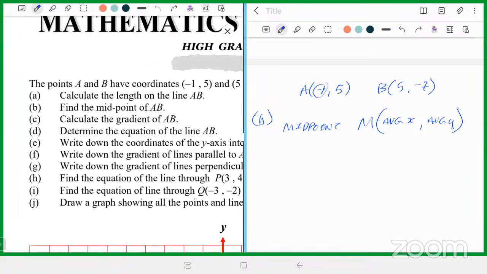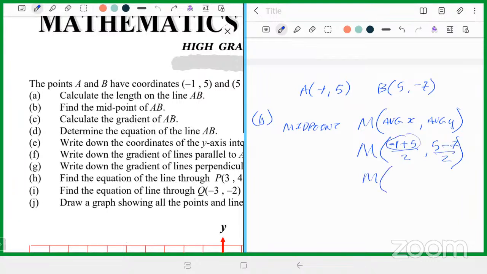You add the X values and divide by 2. So you're adding the X values, which is -1 and 5. You're adding them, -1 and 5, and you're putting that over 2. And for the Y values, you're averaging the Y values as a 5 and -7. So it's 5 minus 7 over 2. All right. And that's going to give you the coordinates of your midpoint.